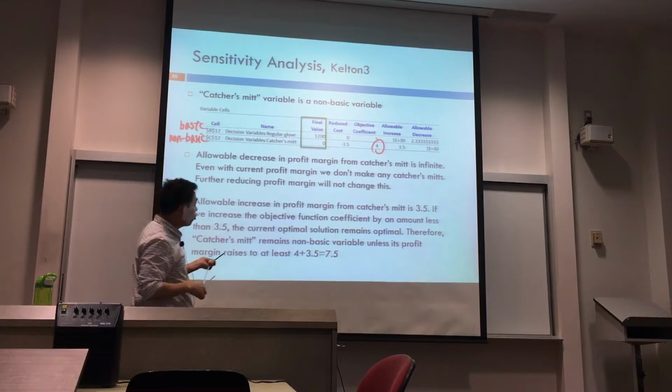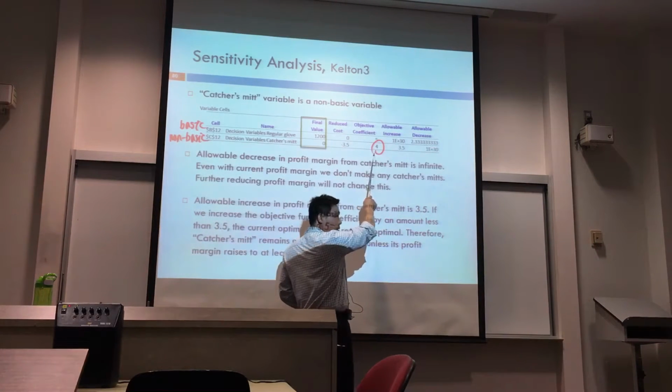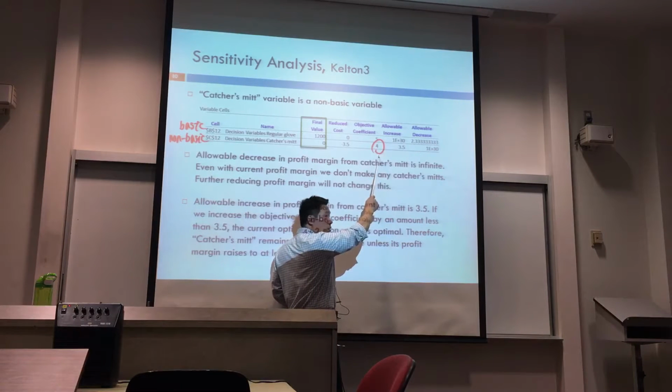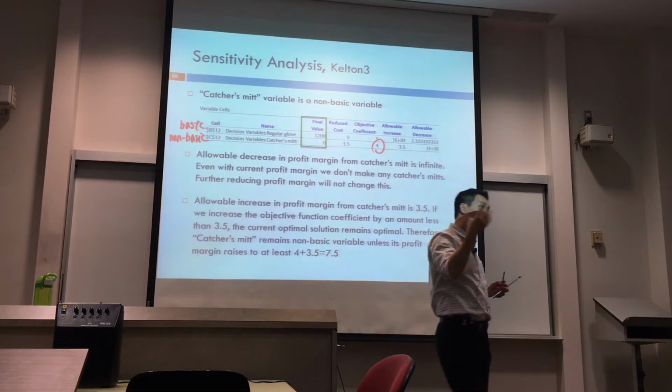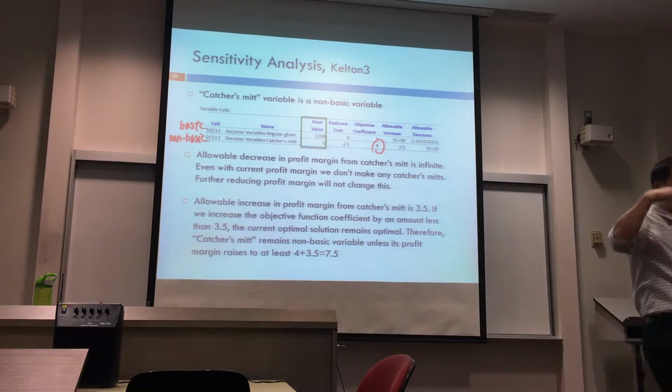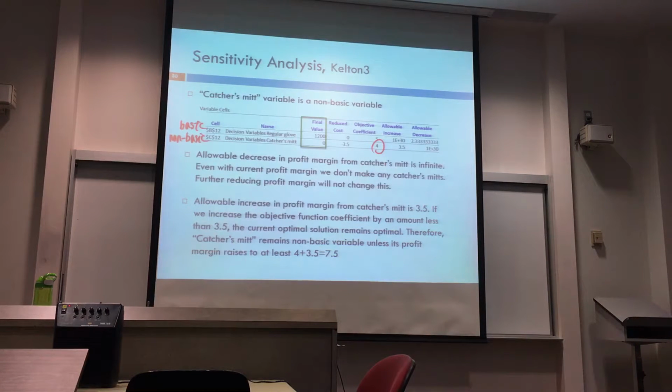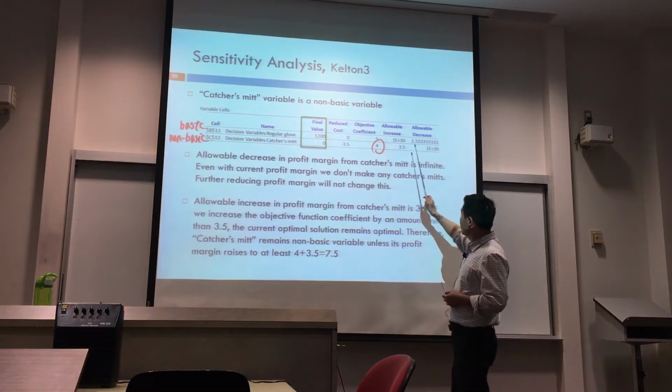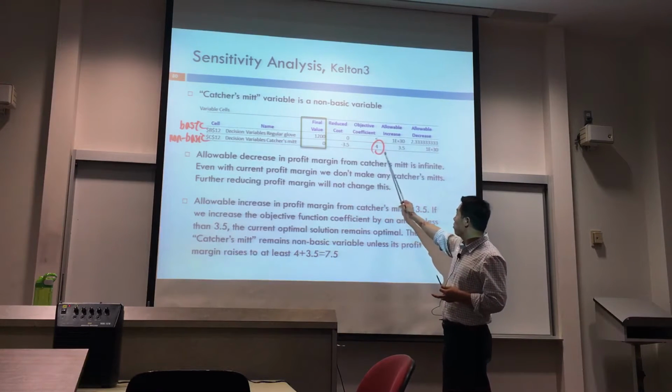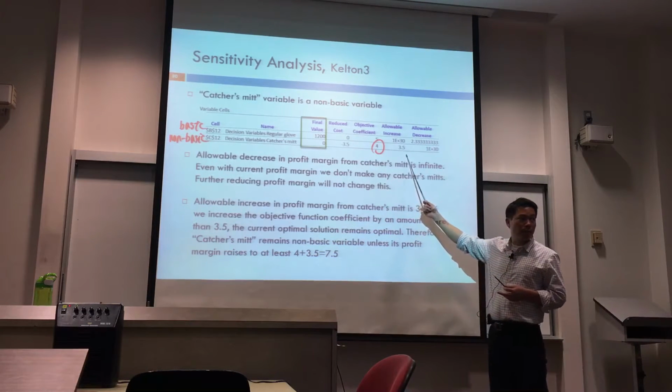But if you increase this one by 1, so 4, right? What if it's 5? The profit margin is higher. Would it be sensible to produce some of those products? Maybe, maybe not. But here it tells you that you have to increase this profit margin by at least 3.5.